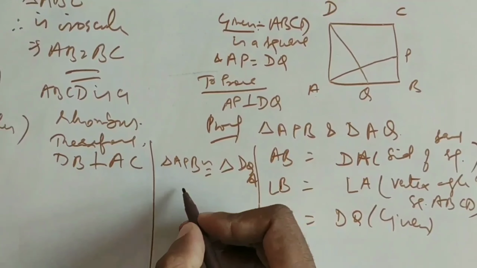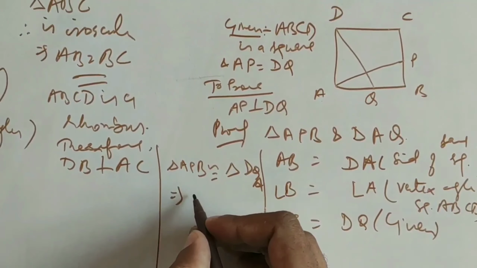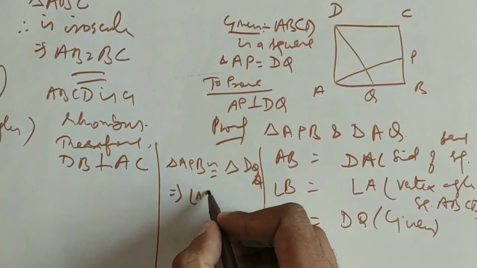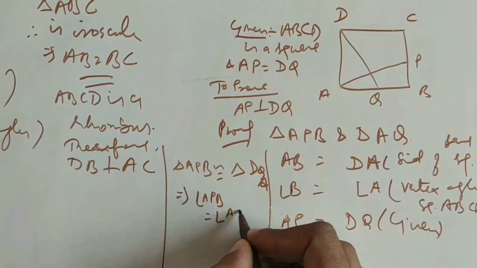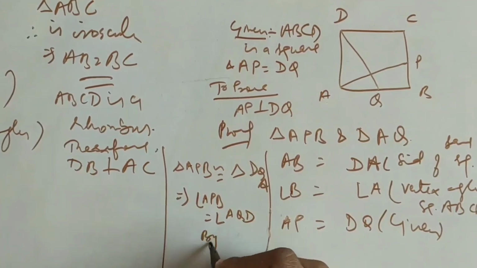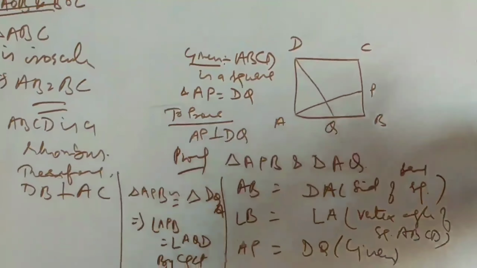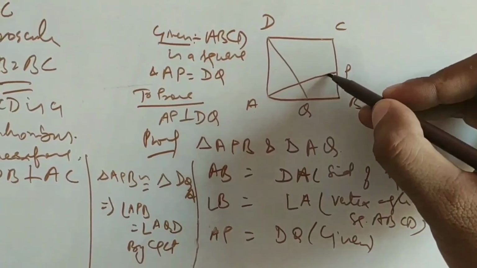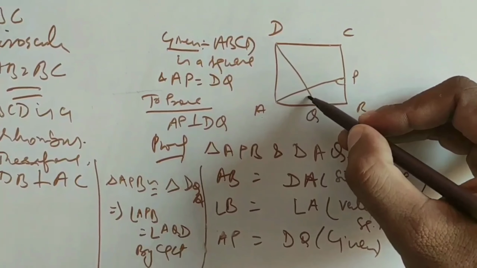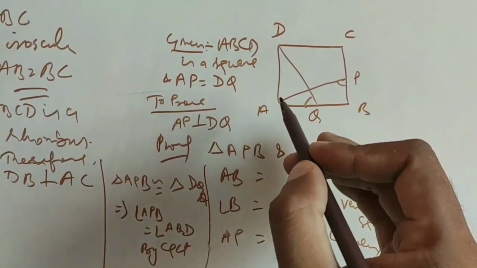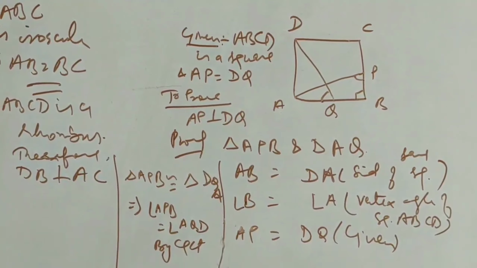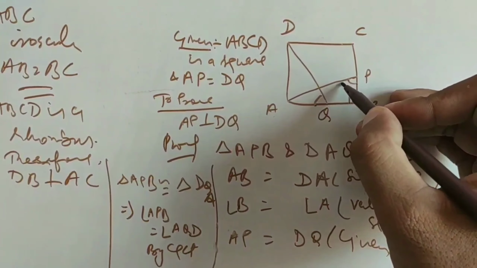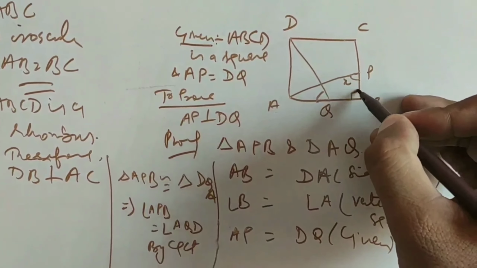Therefore by CPCT, angle APB will be equal to angle AQD. So in the figure we can see that these two angles will be equal by CPCT, and this angle is 90 degrees. Suppose this angle I am writing as x and this is 90 degrees.